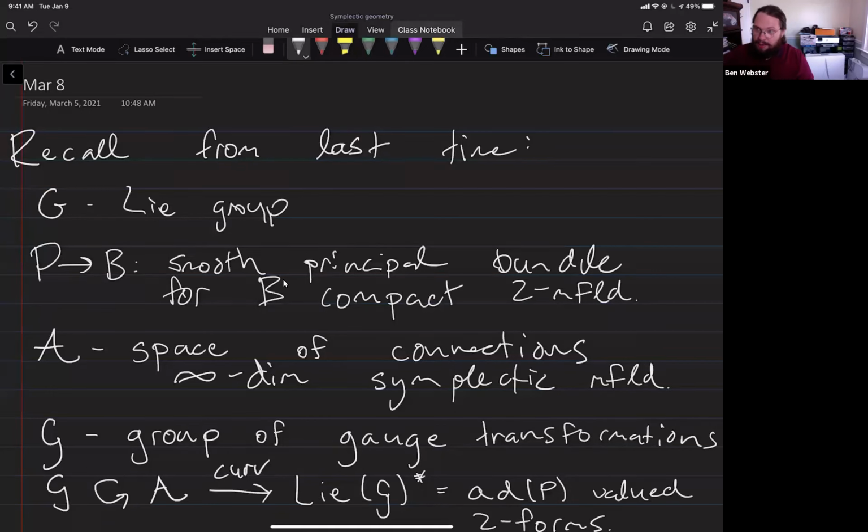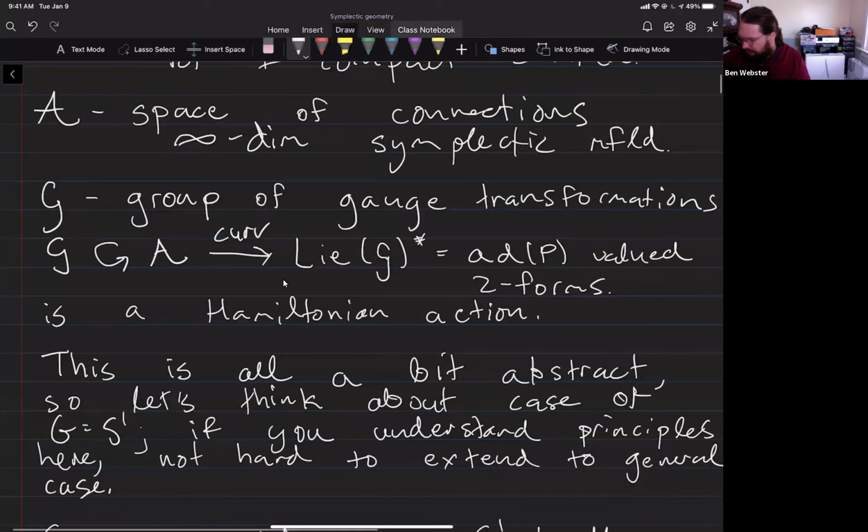You get a two form on the manifold, and you integrate it. All right. And this has a group of gauge transformations, which is, remember, automorphisms of the principal bundle, which are G equivariant on every fiber.